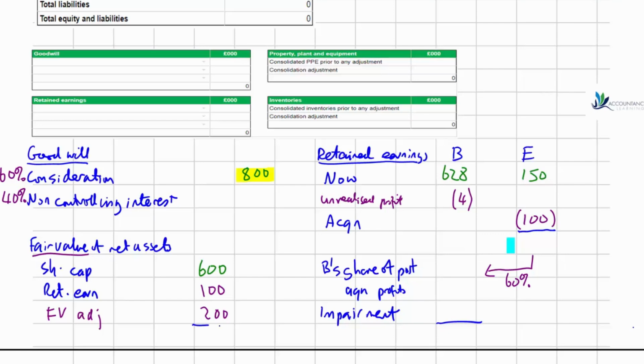So we can work out now that the total value of Elegant when we bought it, the fair value of the net assets, we've got a total of 900. And that needs to be deducted to work out our goodwill. But we need also to work out our non-controlling interest. And it told us that we worked that on the proportionate method. So that means that 40% of the 900 should be included as our non-controlling interest, and that is 360.